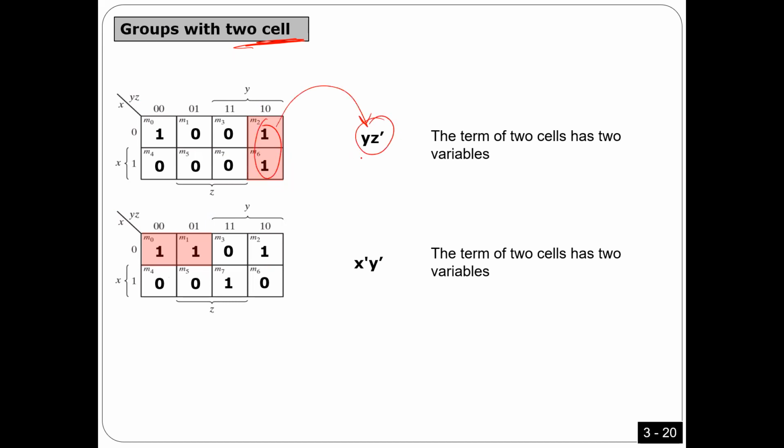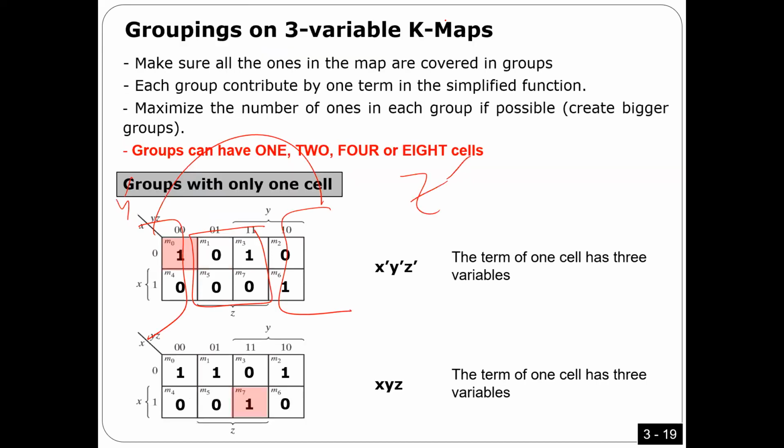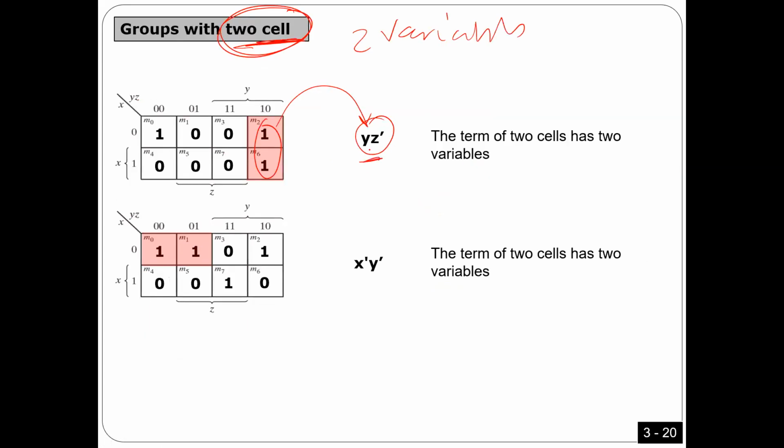Remember, if you have two squares in the group, that means we have two variables. When you have only one, you have three variables. If you combine two as one group, you have only two variables. Is that okay?